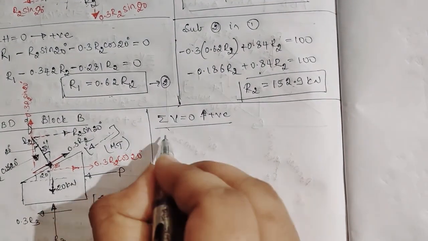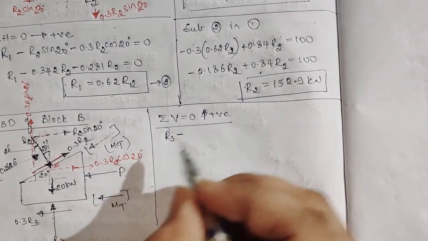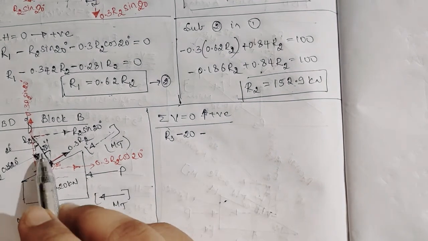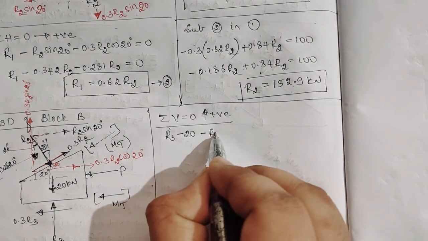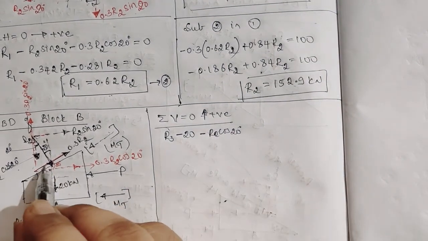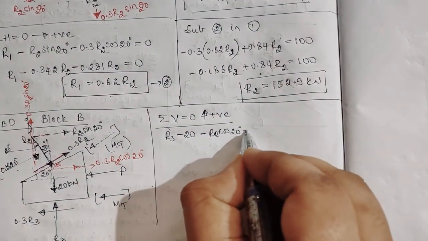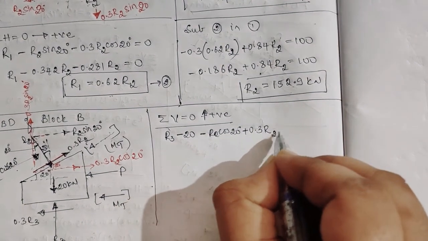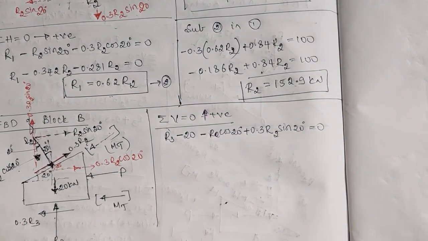So R3 is direct, R3, then minus this 20 I can take, then one inclination force you take, that is R2 cos 20, another this F, vertical force is R, that is positive, 0.3 R2 sin 20 degree is equal to 0.